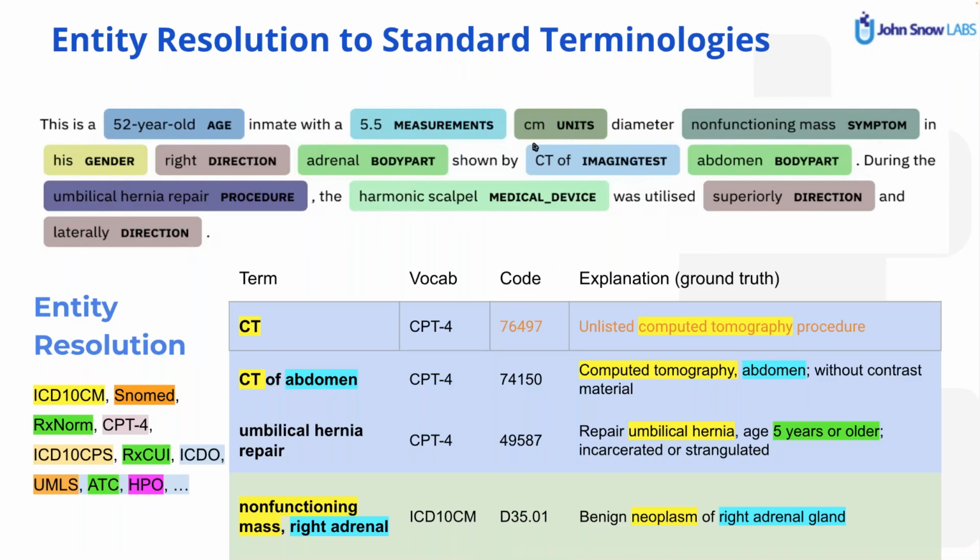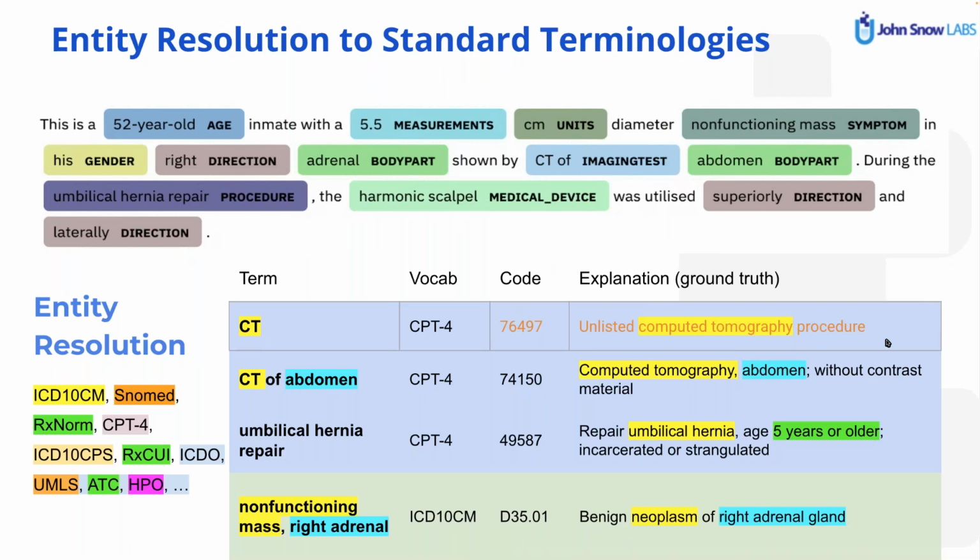So you extracted the CT and an imaging text, and abdomen as a body part. Now this is a procedure, so we need to map this entity to its CPT4 code. But when you do this, just the CT, its CPT code is this one, and its resolution is like this: unlisted computed tomography procedure.